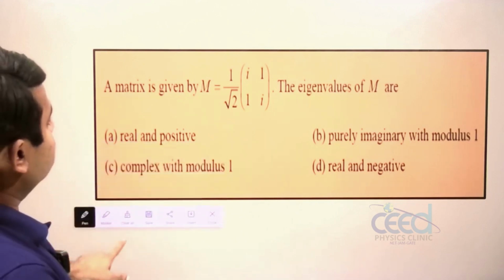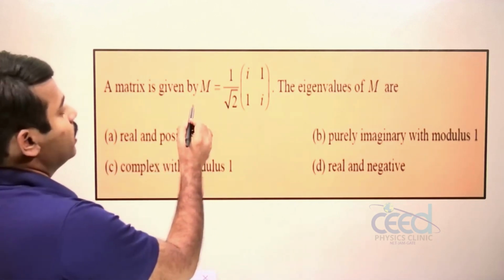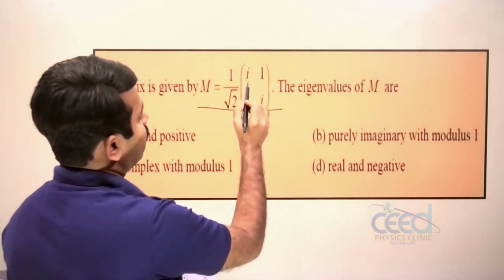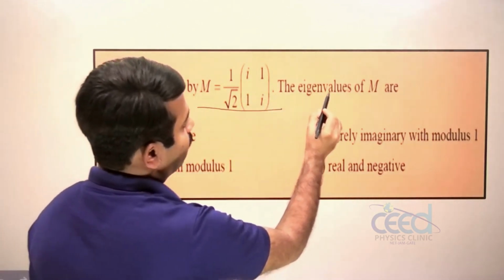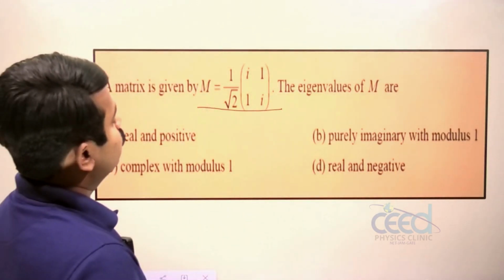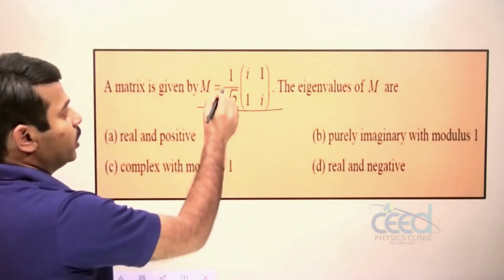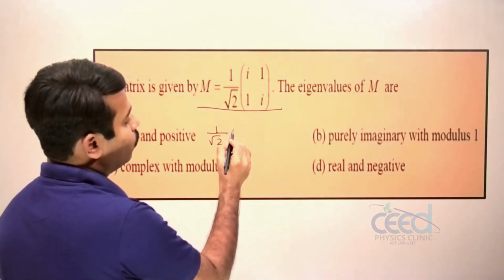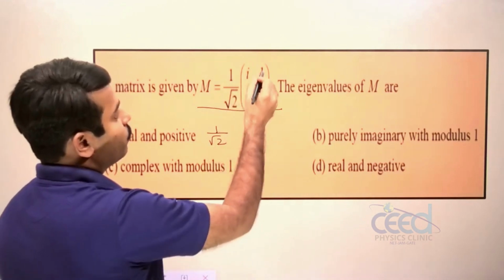The matrix given by M is equal to 1 by root 2 times [[i, 1], [1, i]]. The eigenvalues of M are? So this is a constant multiplication, 1 by root 2, into the eigenvalues of this matrix.